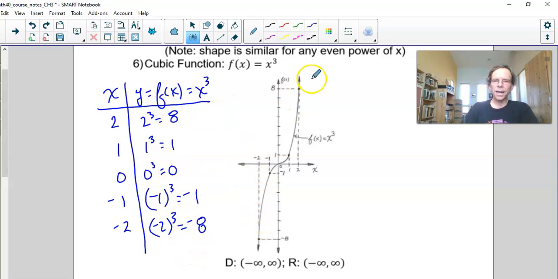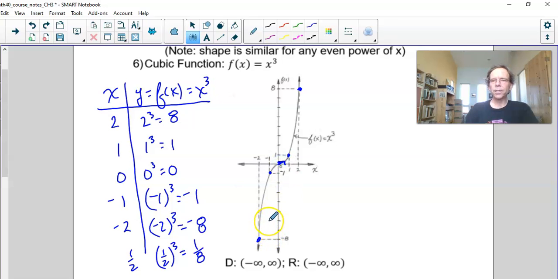So from top to bottom, we're getting this point, this point, this point, this point, and then this point. And all the intermediate values are coming from putting in other values. Like if you put in 1/2, you're going to get 1/2 cubed, and that's 1/8. It's going to be hard to see that, but put in a half, you get 1/8.